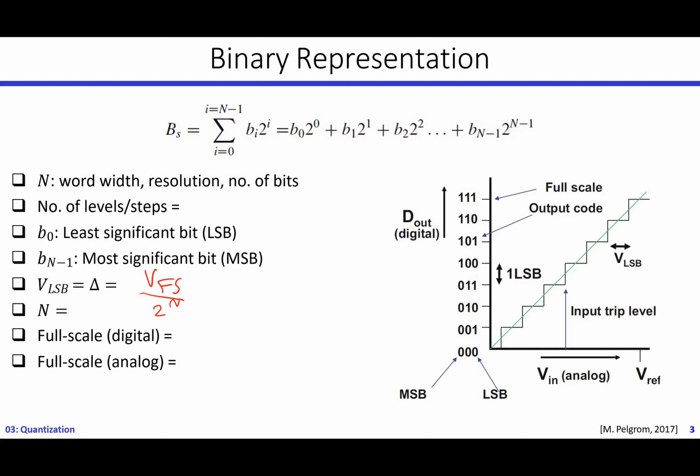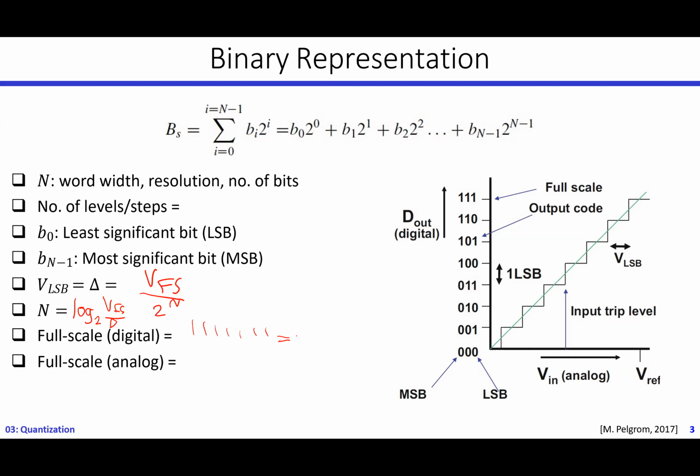On a different operation, how we can find n: it's basically the log to base 2 of V full scale divided by delta. Now, in the digital domain, the V full scale is where all the codes become ones, all of our digital bits.